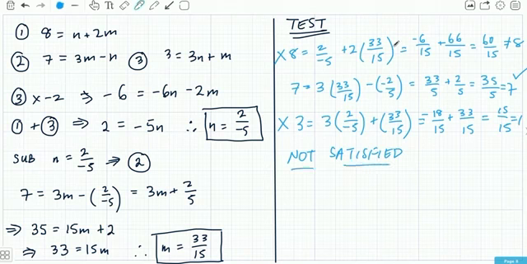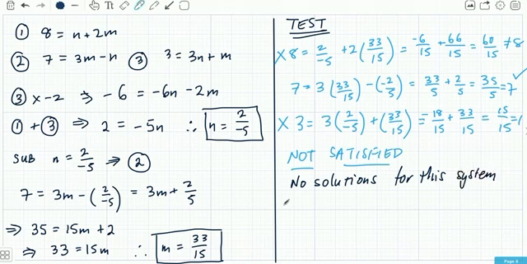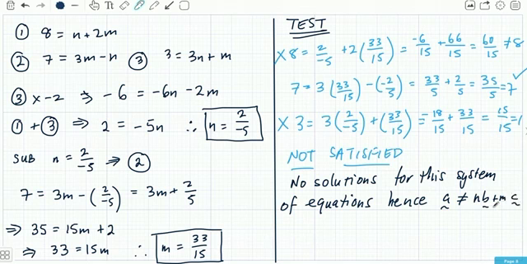And as a result, we know that one of these, when we were doing our working here, must be inconsistent. So it doesn't allow us to actually solve this system. So there are, in fact, no solutions for this system of equations, and as a result of that, because there are no solutions, hence A cannot be written in a form that is n times b plus m times c.